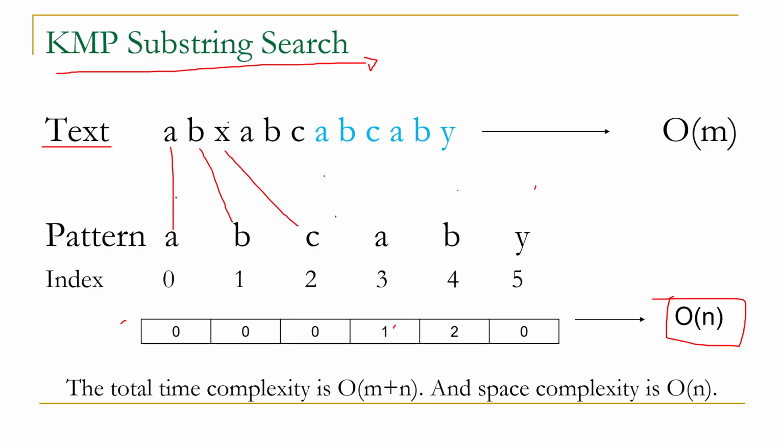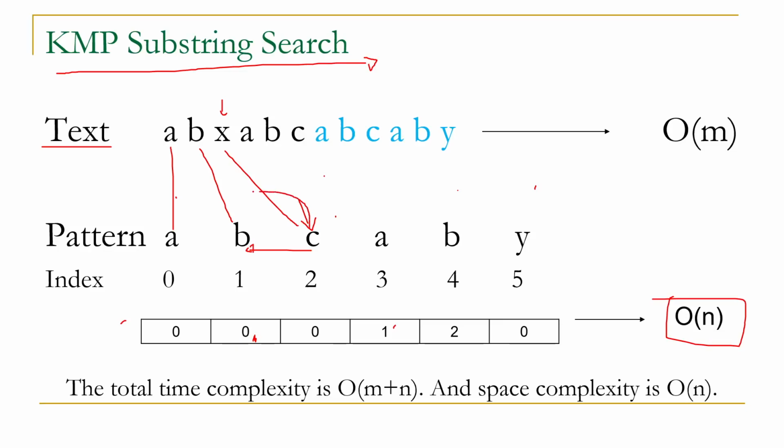Here x is not matched with c. If it is not matched, then we cannot backtrack the index of the text, but we can backtrack the index of the pattern. So here we see the previous index value. This is 0. The previous index is b and this value is 0.